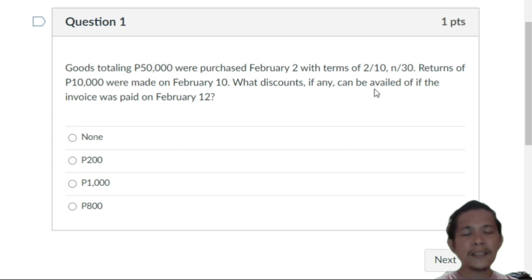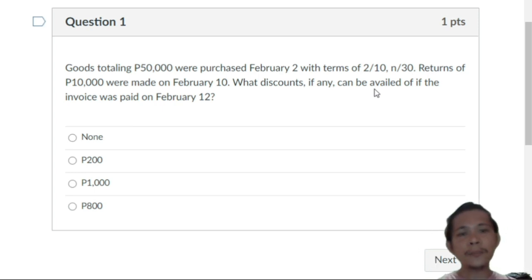Meron kang 10 days na discount period. So from February 2, magtatapos yon hanggang February 12. Hindi counted yung February 2, mag-uumpisa tayo ng counting February 3, 4, 5, 6, 7, 8, 9, 10, 11, 12. So pasok, last day si February 12.